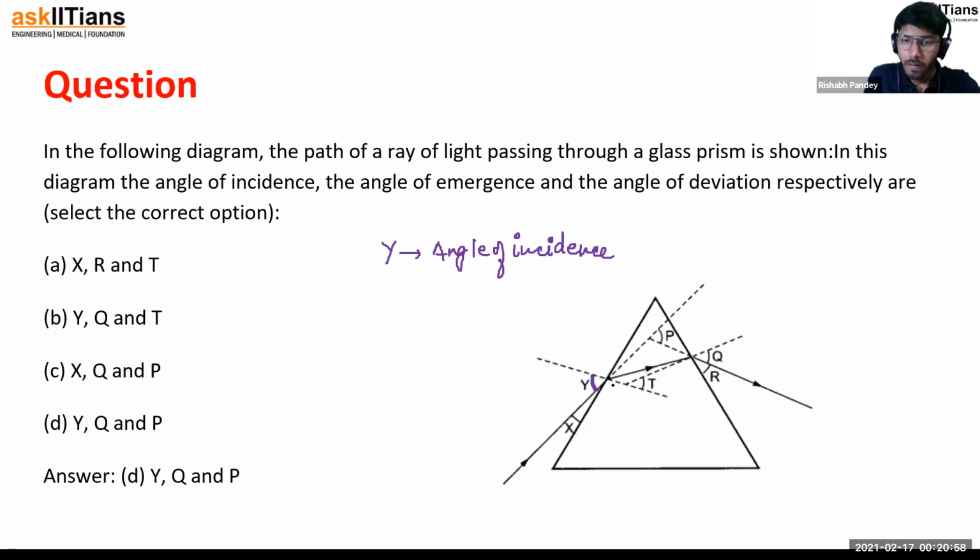Then what they are asking is the angle of emergence. See, when this ray went out, this is the normal, and this is the angle it has made with the normal while moving out of the prism. So now the q angle will be your angle of emergence.